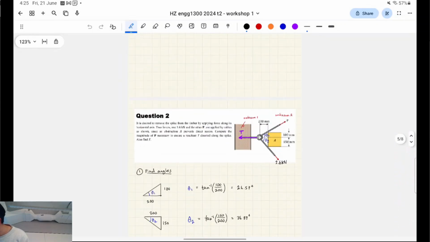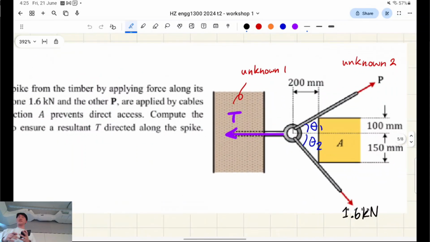Every single one of these questions has been in something we call particle equilibrium. In this first topic, they have only taught you about forces, but they haven't taught you bending moments yet. So all of the forces will meet at a single point. Since all of the forces meet at a single point, it's what we call particle equilibrium, and no moments are causing our particle to spin or do anything weird.